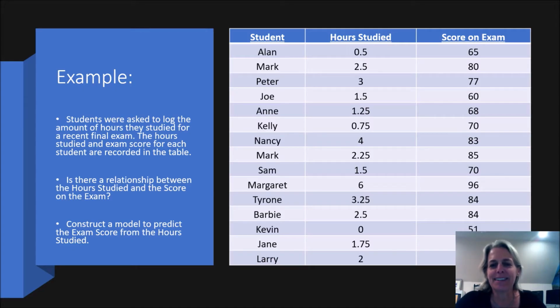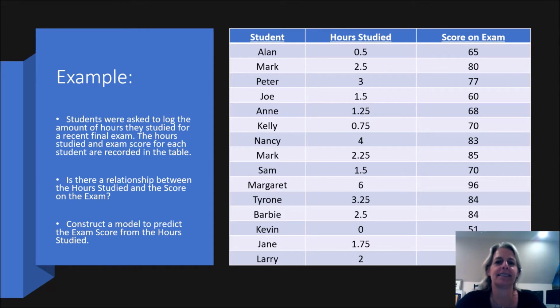So now let's continue with our example that we were working with earlier when we derived the equation of the regression line for this set of data. If you recall, we have a set of students who recorded the time that they spent studying for an exam and then the resulting score on the exam.